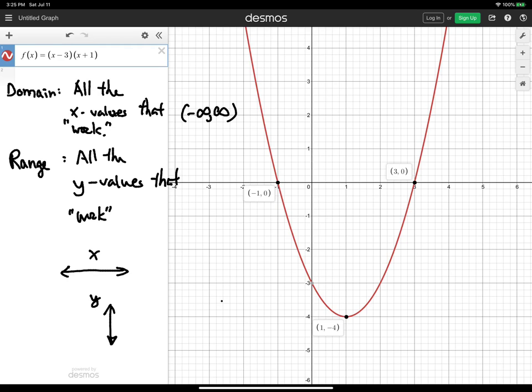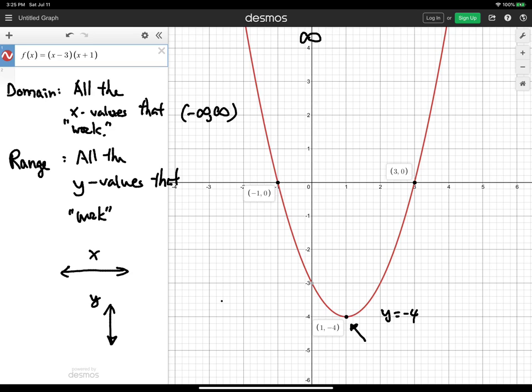Okay. Now range is your y value, which means we're looking at up and down. Notice as the graph comes from left to right, your y value goes from positive infinity, all the way down to negative 4, and then curls back up.